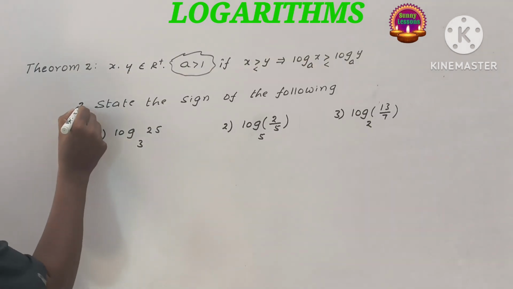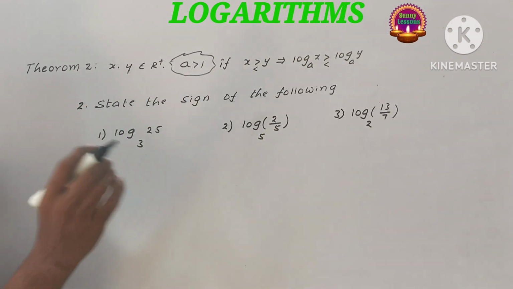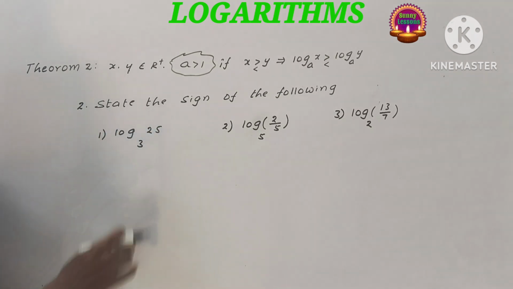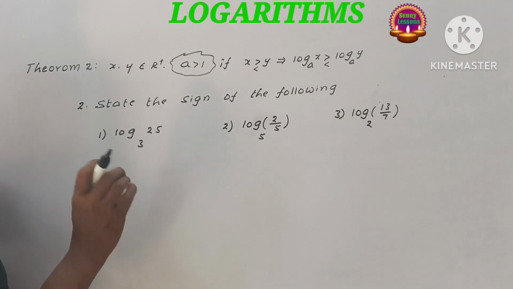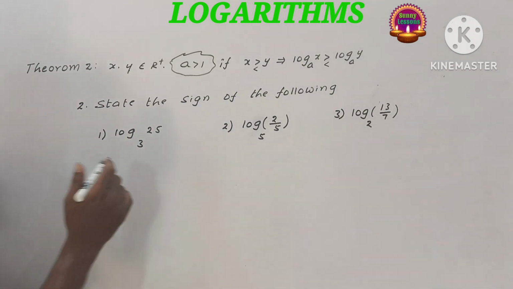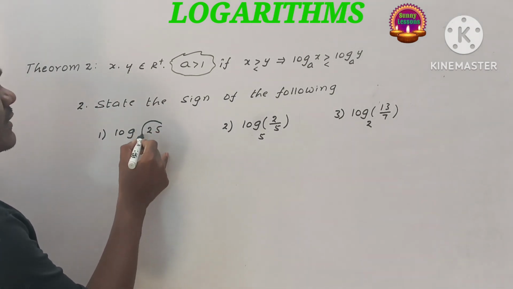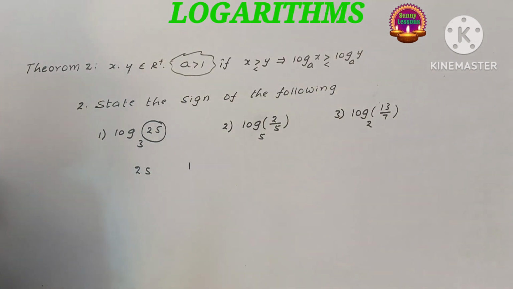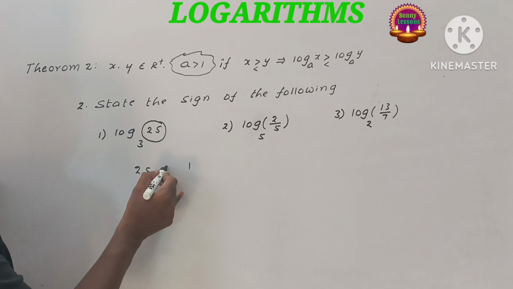Now the second question is, state the sign of the following. Here the first one is log 25 base 3. Is it positive or negative? అని అడగడం జరిగింది. In this case we have to compare 25 with 1. Yes, 25 is greater than 1.